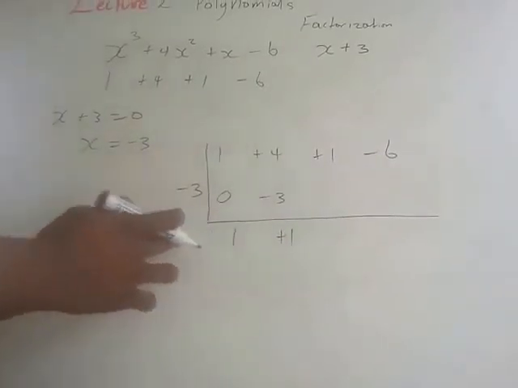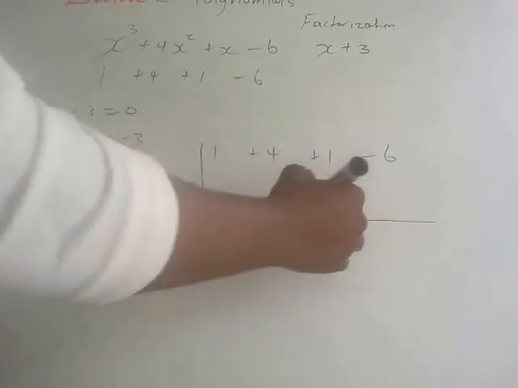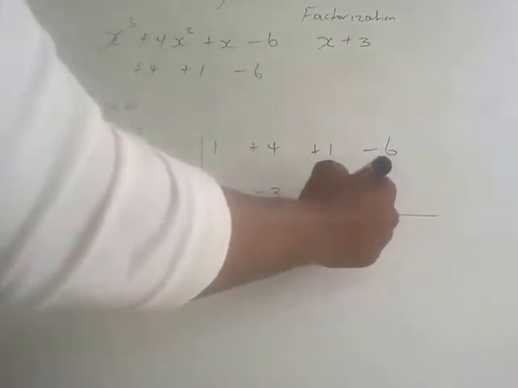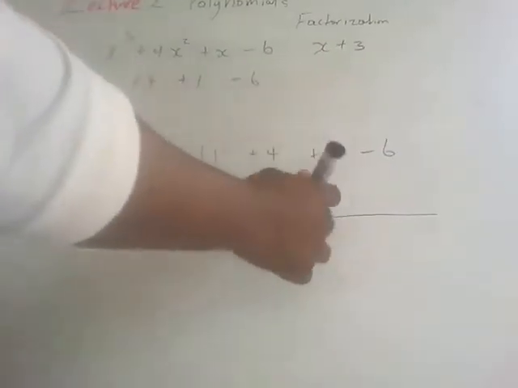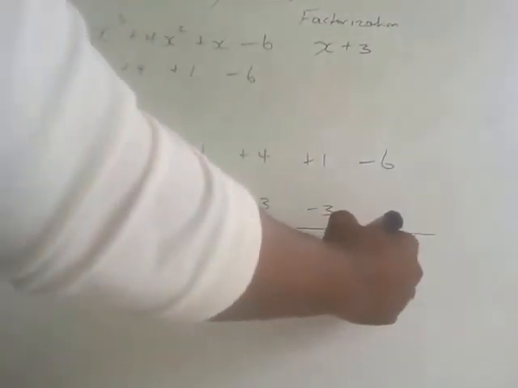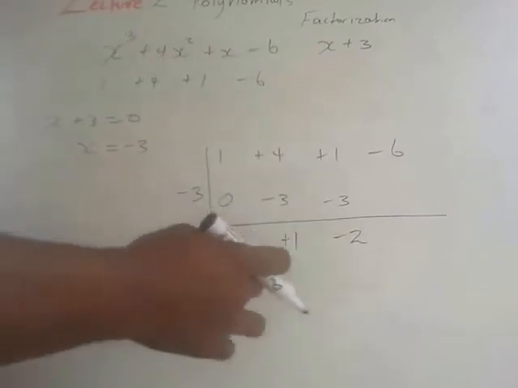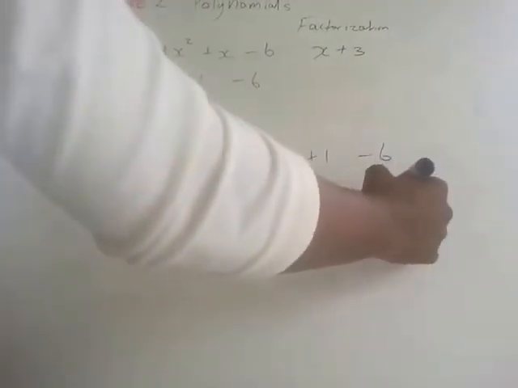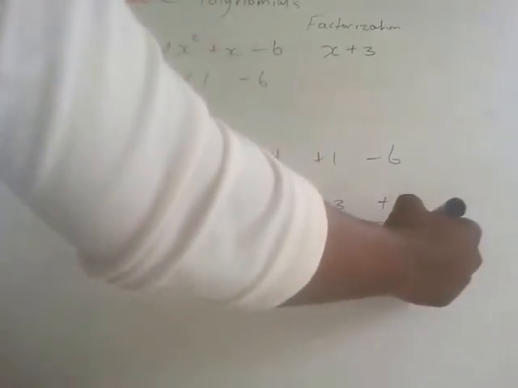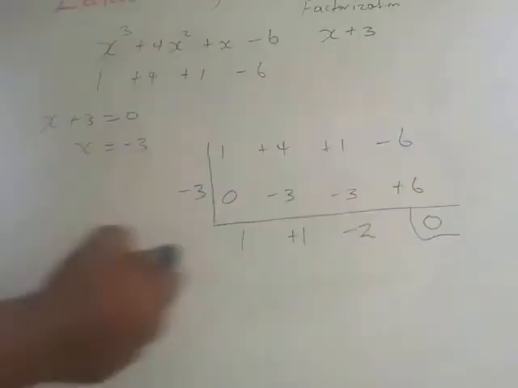Then you take this 1 and multiply by the negative 3, and you end up with a negative 3. Positive 1 and negative 3 give a negative 2. Take this negative 2 and multiply by the negative 3, and you end up with a positive 6. Positive 6 and negative 6 give 0.